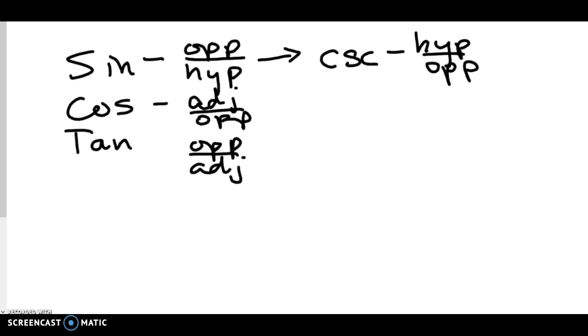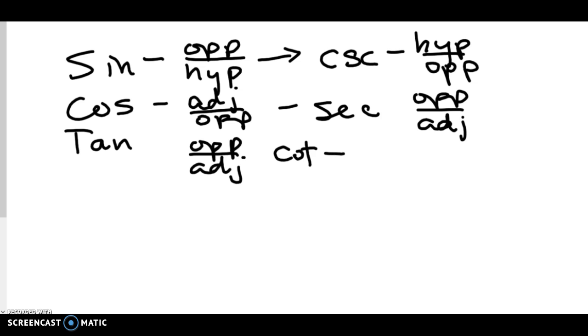Likewise, the cosine and the secant, defined as hypotenuse over adjacent. We can see that is the reciprocal of cosine, adjacent over hypotenuse. And then tangent, cotangent. Those two make sense. Cotangent, tangent. So that's going to be the adjacent over the opposite.